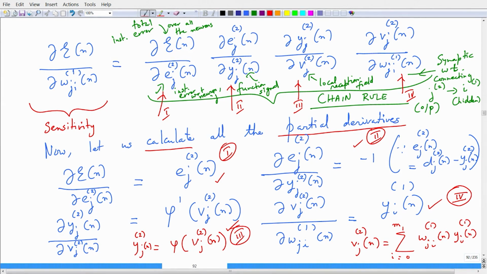This is important. You do not have to rote learn these derivatives, as long as you get the picture of how to compute all the variables, some of the latent variables within the network, and then apply the chain rule.